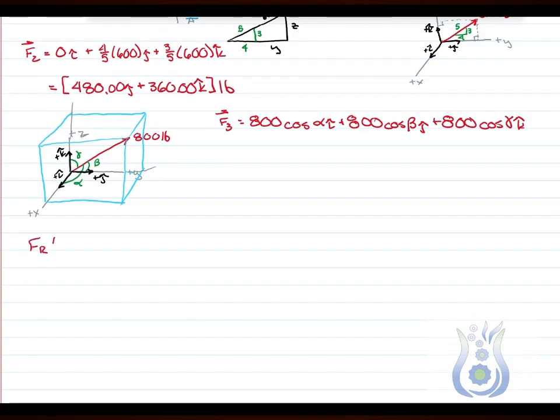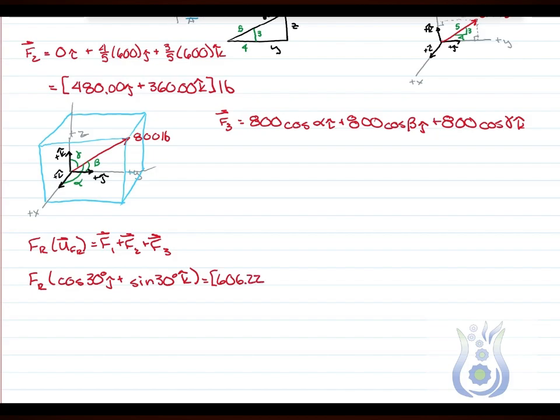Now we can apply F_R, our resultant force magnitude, times the unit vector in the same sense or direction of our resultant force, is equal to the sum of the vectors F1, F2, and F3. So we're looking for the magnitude F_R, but we are given the unit vector in the F_R direction, which is cosine theta j caret plus sine theta k caret.